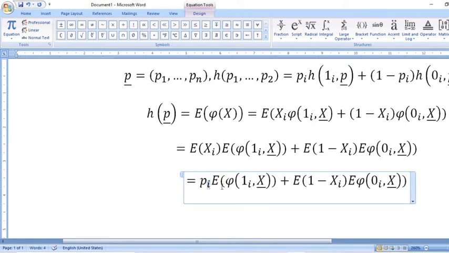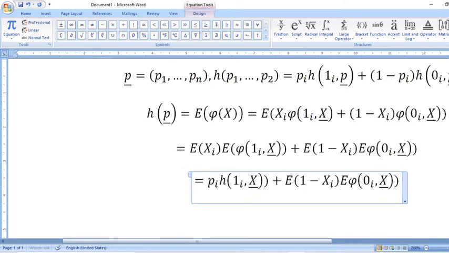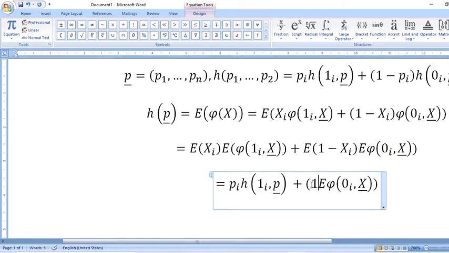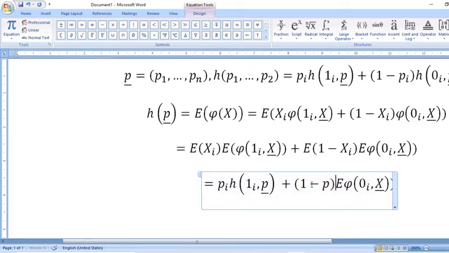Pi into expectation, this is nothing but h of 1i comma p, the vector p, that we discussed in the last class. Instead of expectation, we can write it as qi, or 1 minus pi.